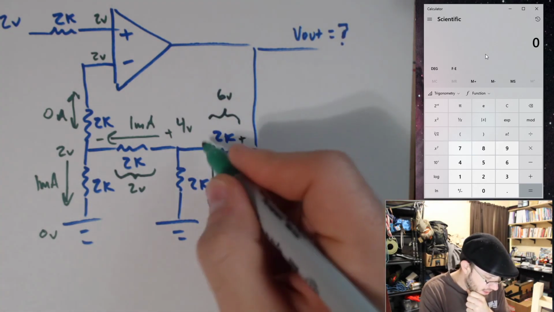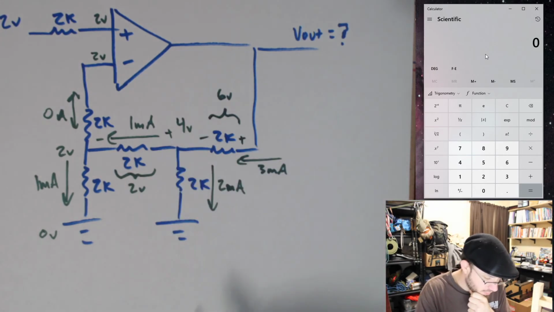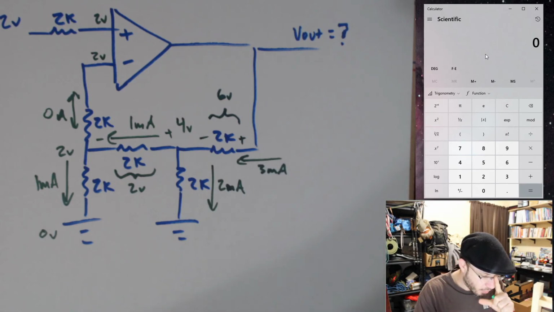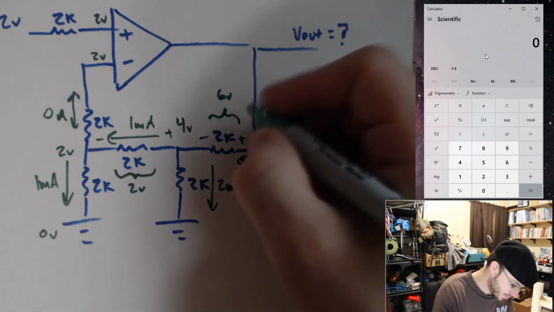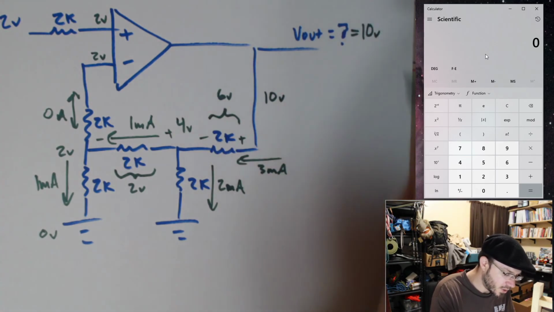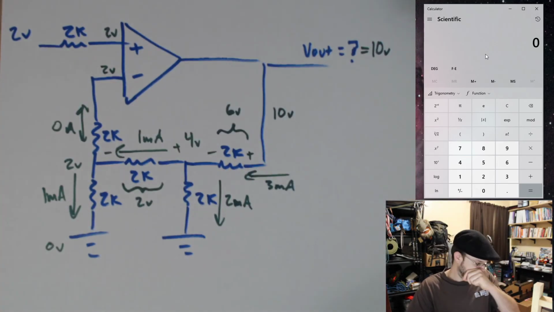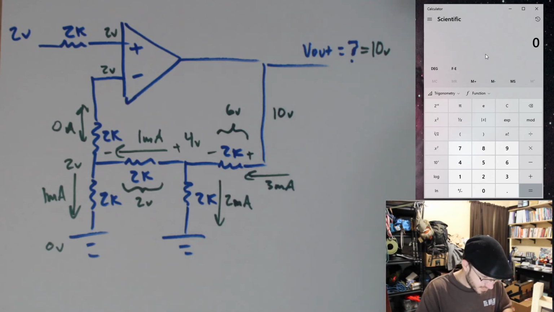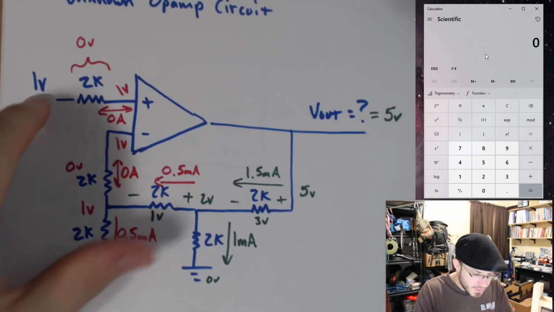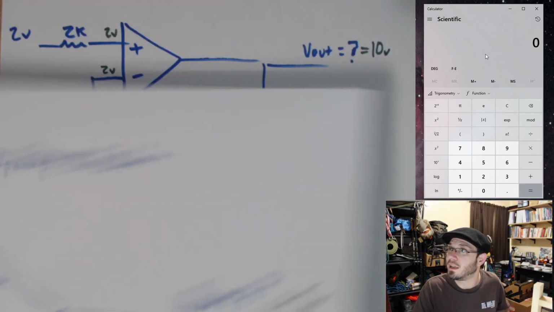And this side's higher than this side. I'm at 4 volts over here, so I must be 6 volts larger than 4 volts. I'm at 10 volts. So V out is equal to 10 volts. So the 1 volt input, I'm getting a 5 volt output.